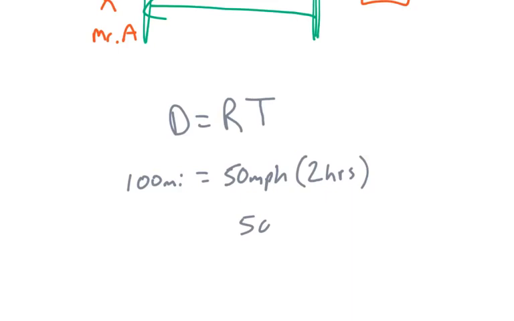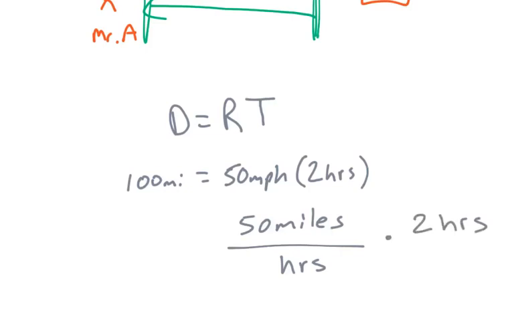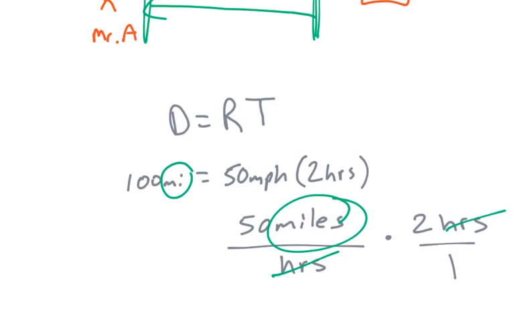Even the phrase miles per hour means miles over hours, times 2 hours. What ends up happening is our units cancel out, so we're just left with miles, and that's why the final result is in miles. So hopefully, if you are still struggling, that makes your life a little easier.